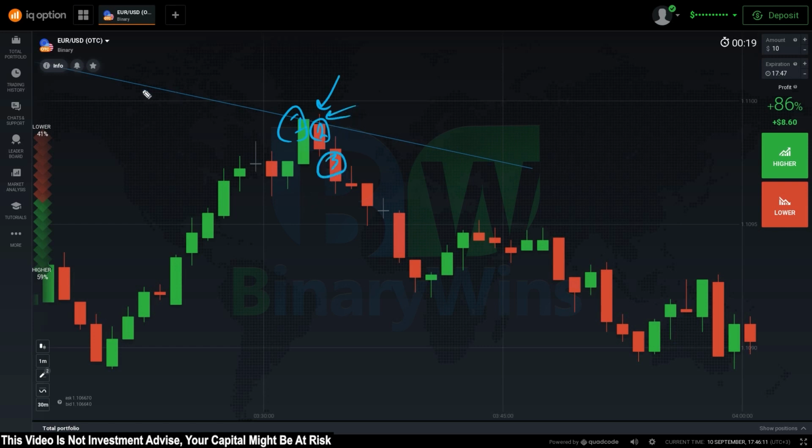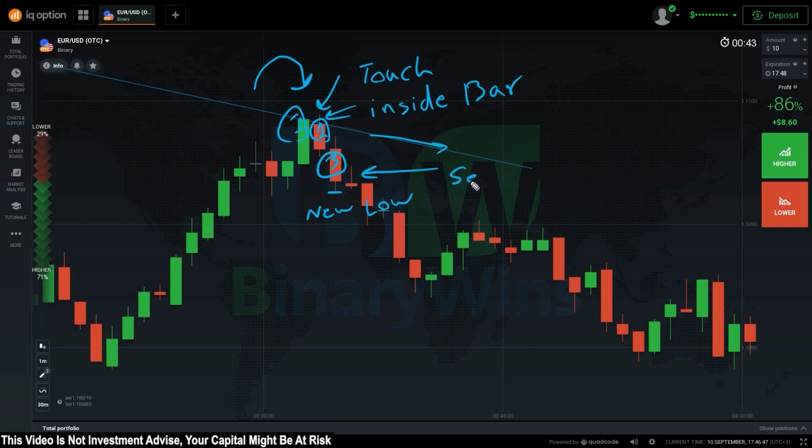Our second candle touched our level and trend line. What pattern did it make? The inside bar pattern caused the price to return, and finally the third candle created a new low for us, so we can sell on the fourth candle.